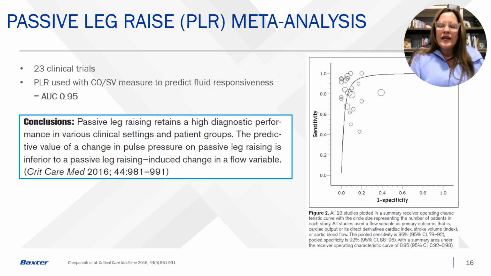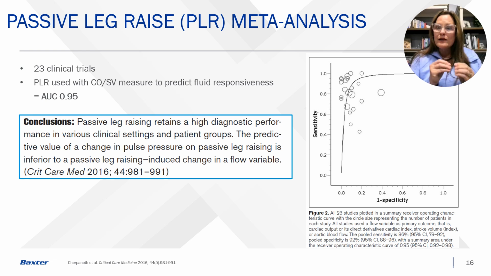Now, when we study or look at passive leg raises, I think it's important to know the evidence that goes with that. So this particular meta-analysis shows that out of 23 clinical trials, when the PLR was used with the cardiac output / stroke volume to predict fluid responsiveness, the area under the curve was 95%.